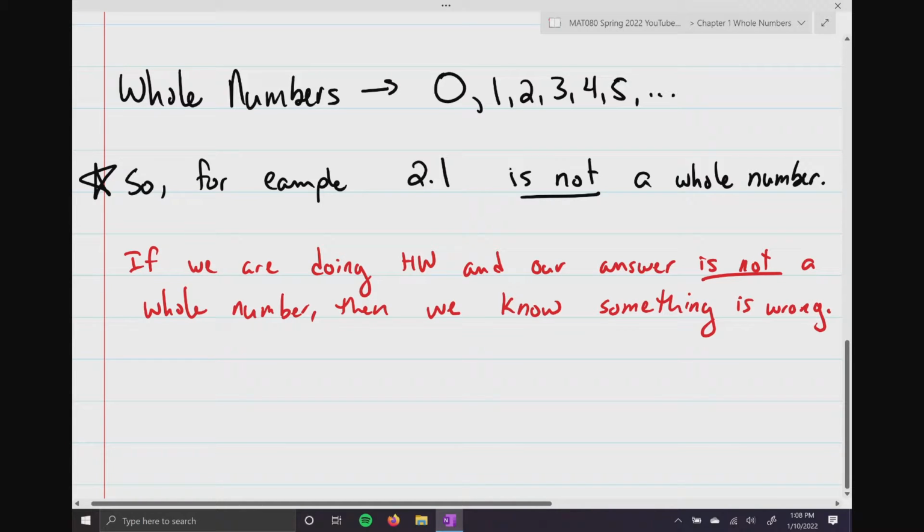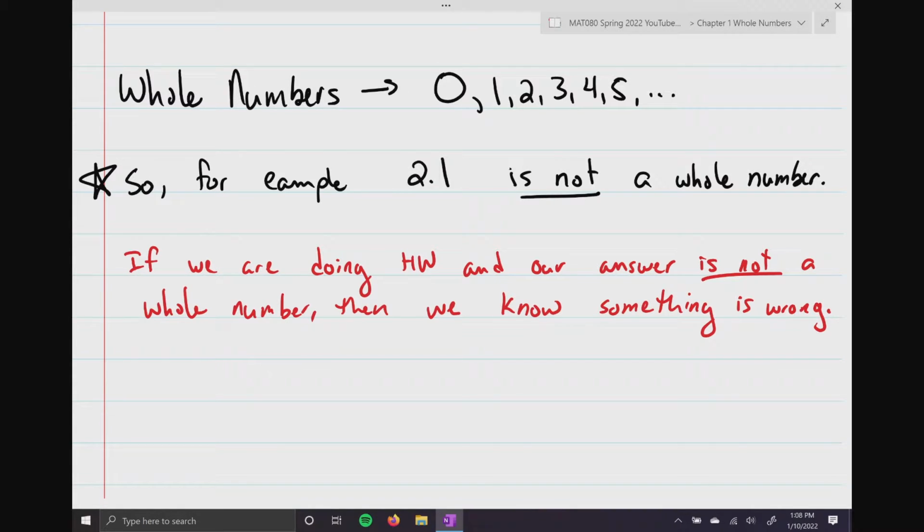Every single answer that you get in chapter 1 will always be 0, 1, 2, 3, 4, 5, 6, 7, 8, and so forth. It's never going to be a fraction. It's not going to be a decimal. It's not going to be a negative number. It will always be a whole number.